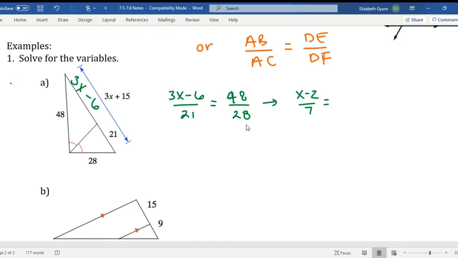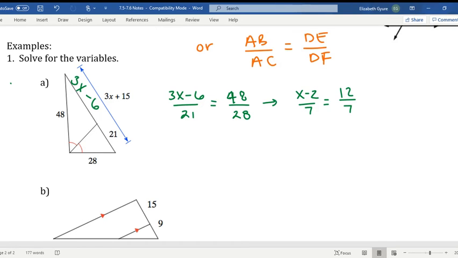Does 8 go into it? 12 over 7? Yeah, oh yeah, just 4 goes into both of them, 8 doesn't go into it. Yeah, 12 over 7. And then actually, you could just see that x would be 14. Or keep cross multiplying. It doesn't matter.